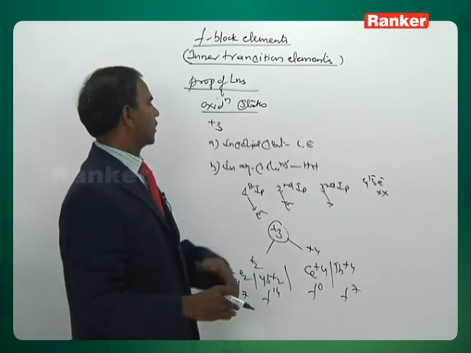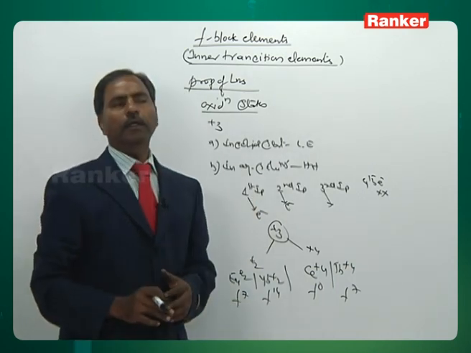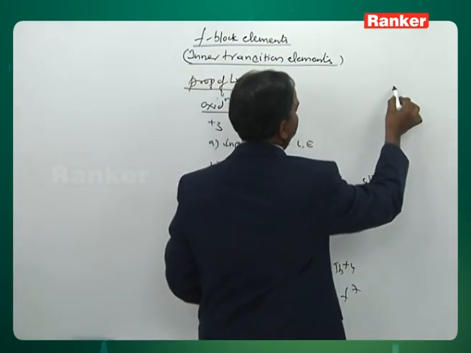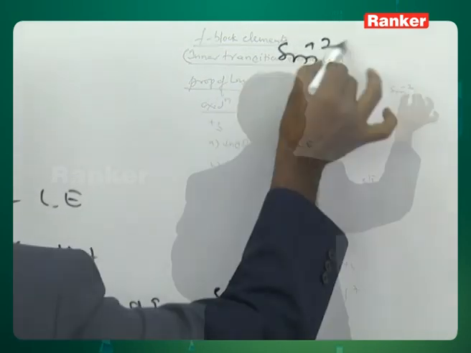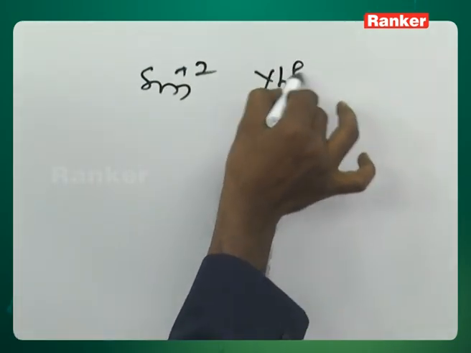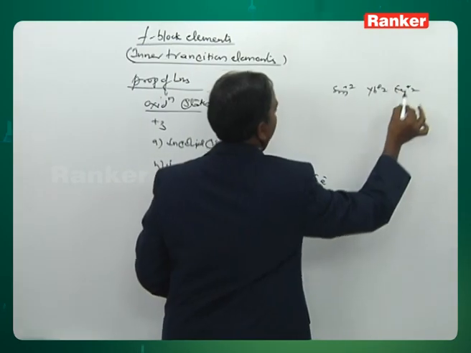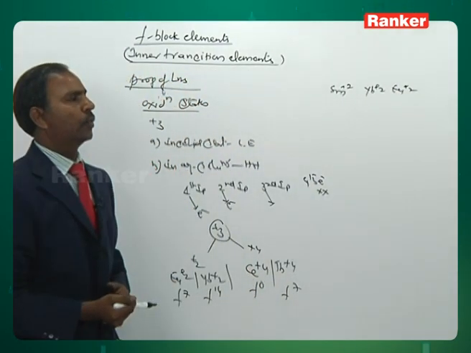Next we see the other thing. Take samarium +2, ytterbium +2 and europium +2.